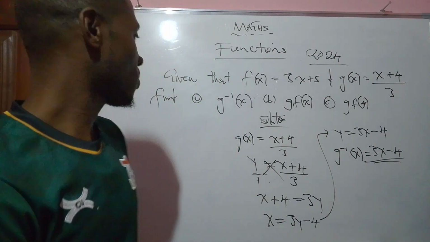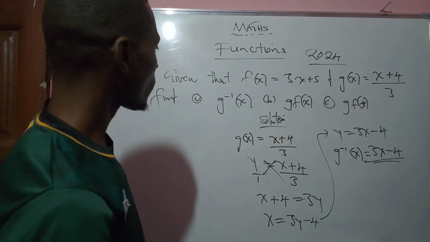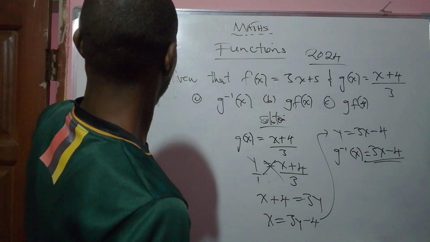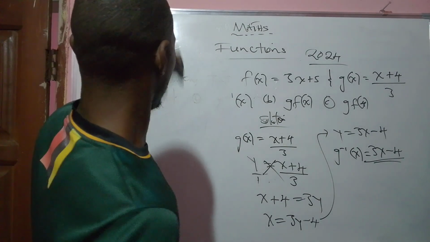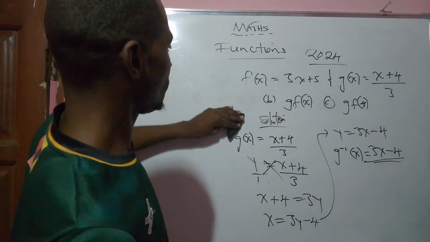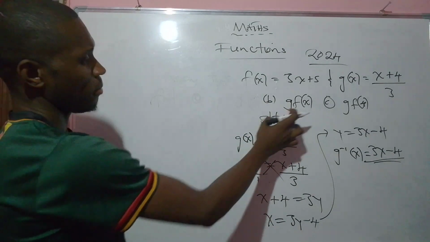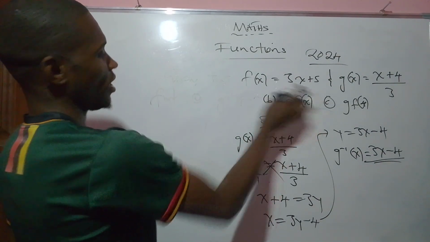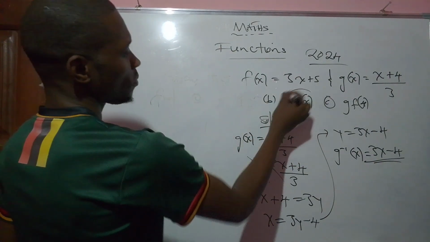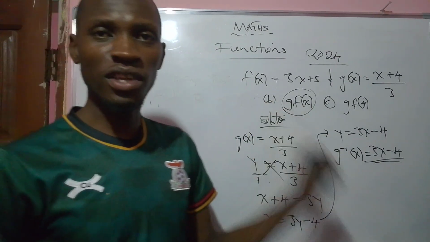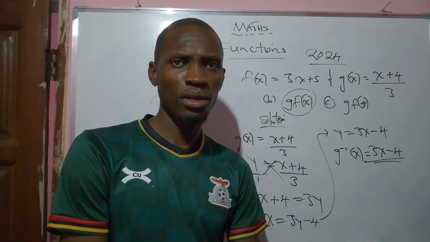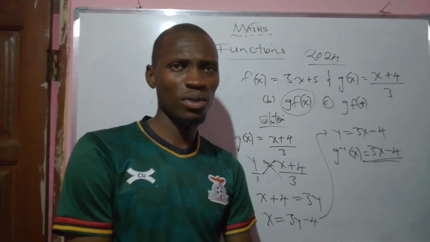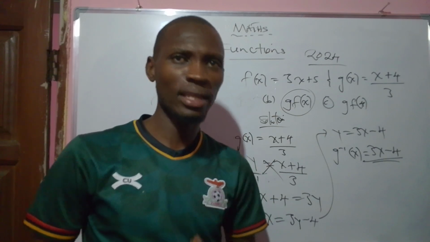All right, let's look at another one. So (a), we are done. (b), we have gf of x. The interpretation of this is very simple. For us to understand it, you need to understand it in this context.